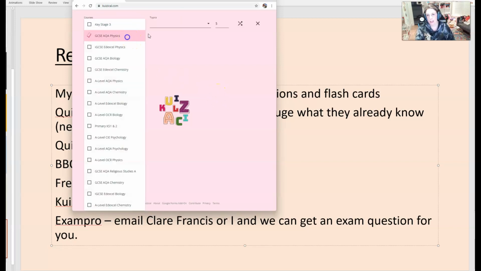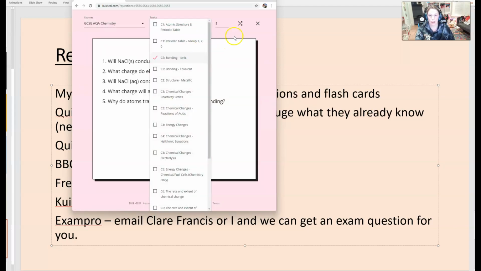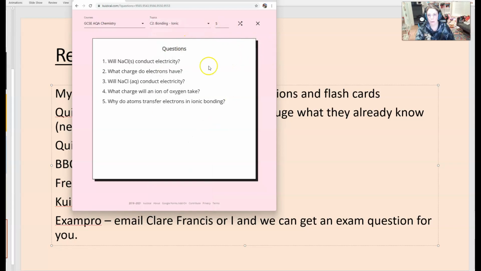So if you went to AQA Physics, so let's do the chemistry one. Well, that's A level. GCSE AQA Chemistry, okay? And then the topic, we were doing bonding, okay? So it would just come up with 5 questions about bonding, and you could use those as questions in your session if you wanted to.